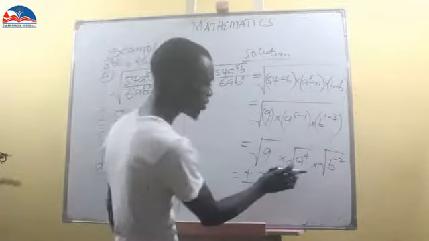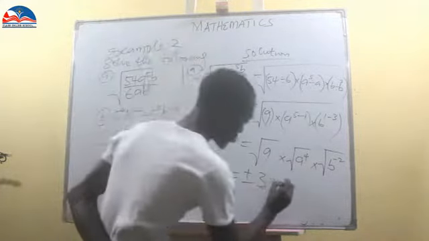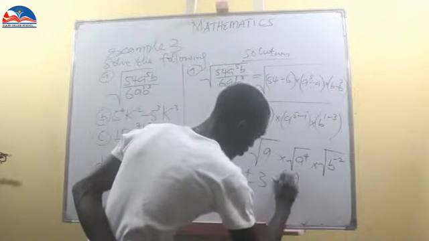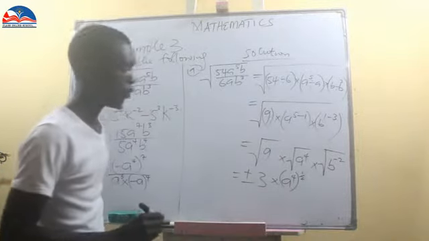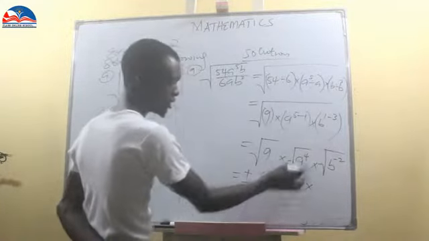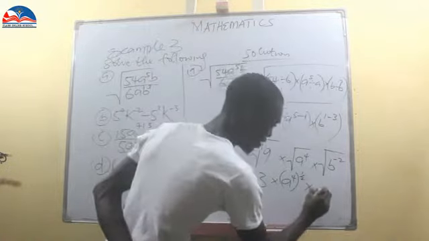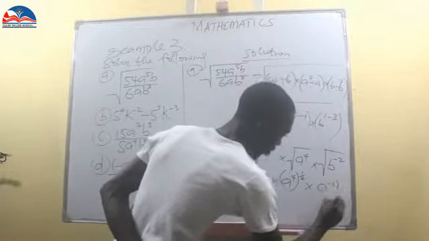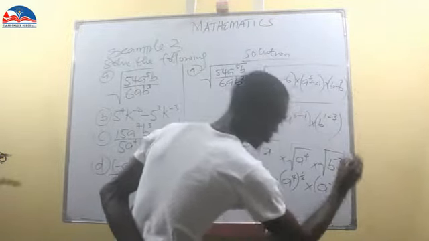This square root, I can put in another format: a index 4, all raised to power 1 over 2, times a index minus 2, all enclosed in a bracket, 1 over 2.